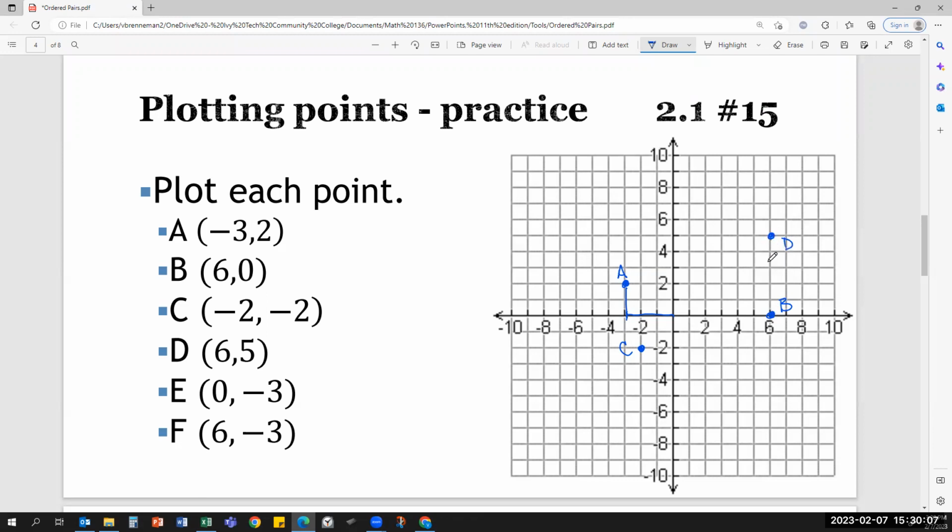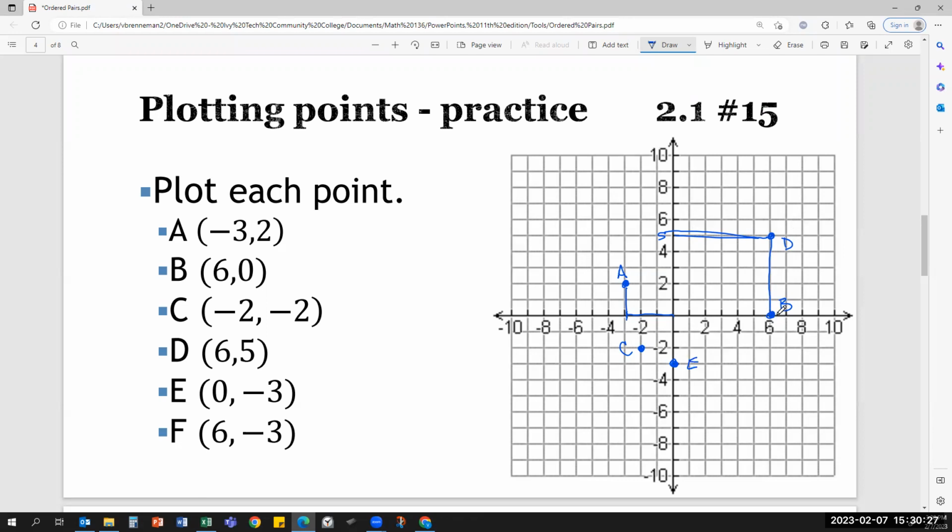As we get that, you can see that lines up with 6 on the x and then 5 on the y. Go straight lines so you can tell that as you're looking at a point. (0, -3), 0 units horizontally, but then 3 units down is on the y-axis.